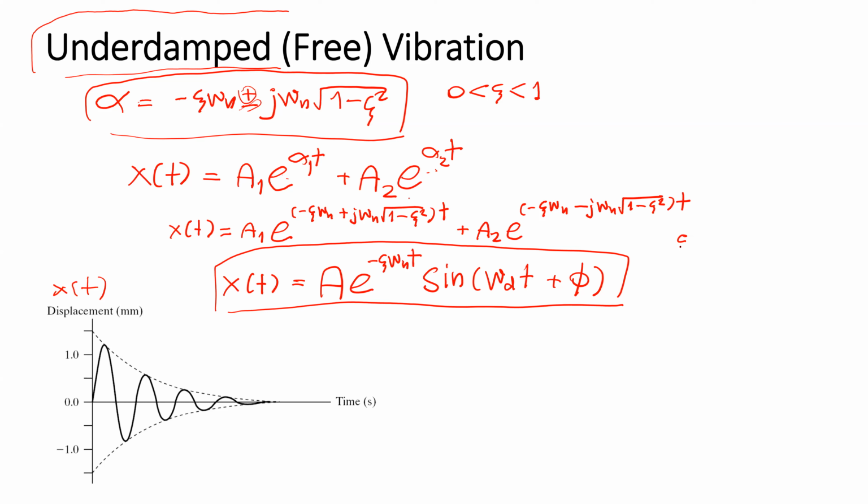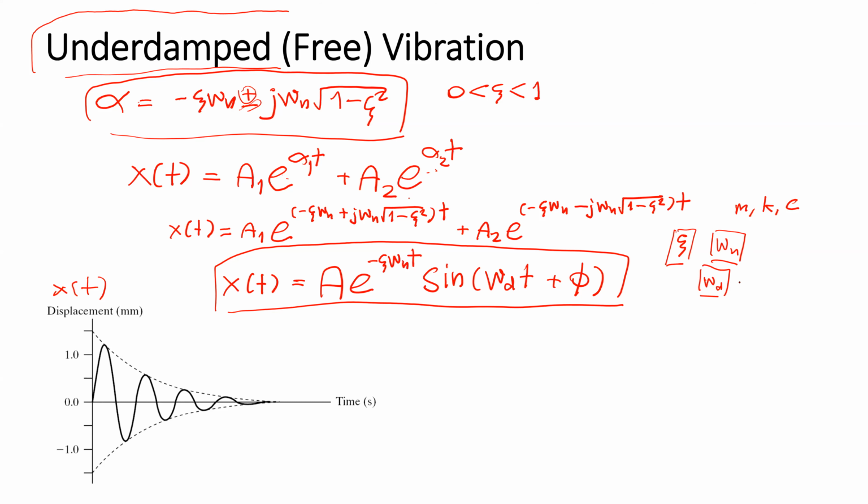The damping ratio, we know. If we know the mass, the stiffness of the spring, and the damping coefficient of the damper, we can compute the damping ratio, the natural frequency, and also the damped natural frequency.